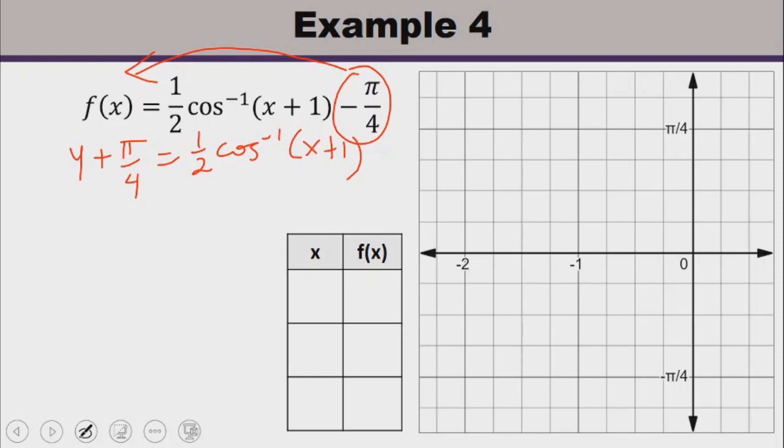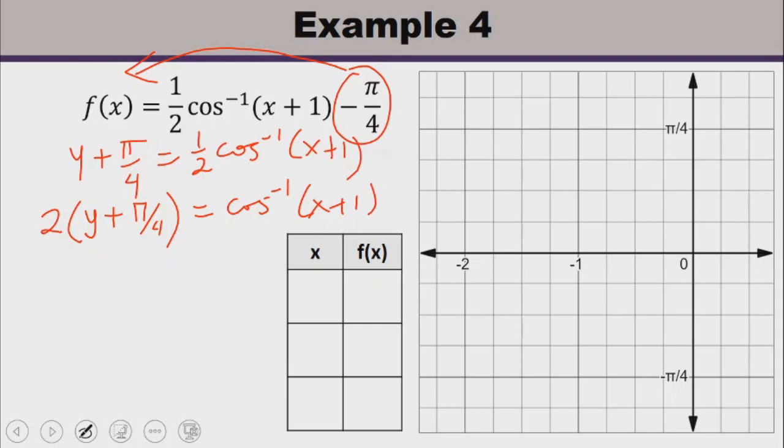When you are multiplying two things, please remember to use the parentheses. So I'm multiplying this left side by 2. Okay, so 2 multiplied by half will be 1. So all I'm left with on the right is arc cosine of x plus 1.